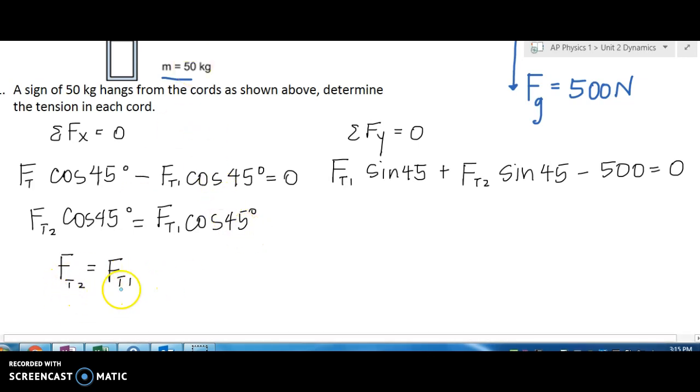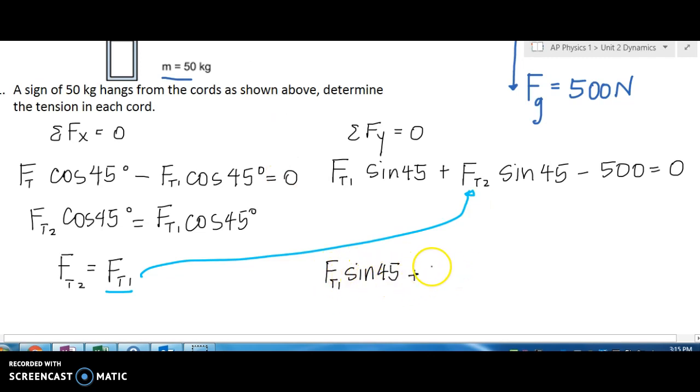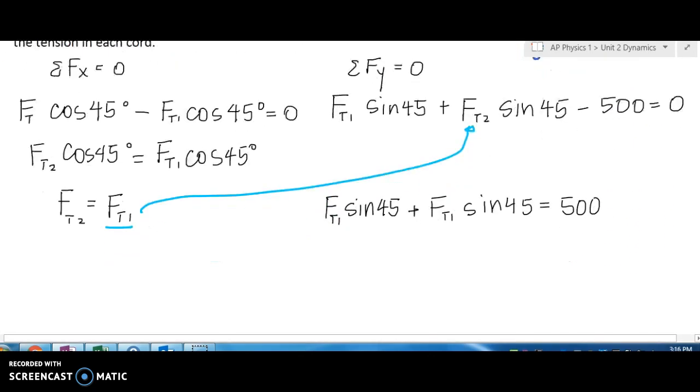So if FT2 is equal to FT1, then can I substitute in FT1 there? Yeah. So then I'll have F tension 1 sine 45 plus F tension 1 sine 45. I'm going to go ahead and add the 500 to the right side.